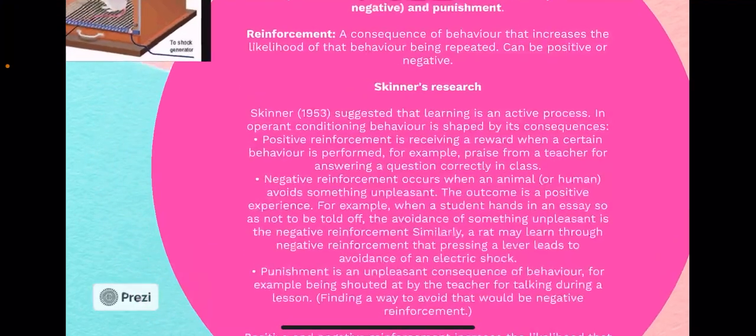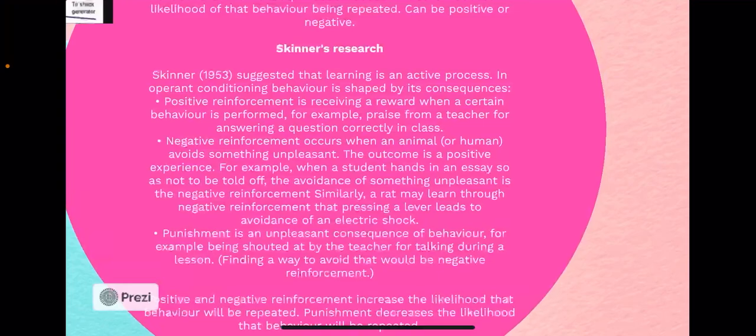So within Skinner's research, you've got this idea that he has the rat in the Skinner box, and through a series of different activities, the rat would be rewarded for pressing the lever, because when the rat pressed the lever, it would receive a pellet of food. That would be positive reinforcement.